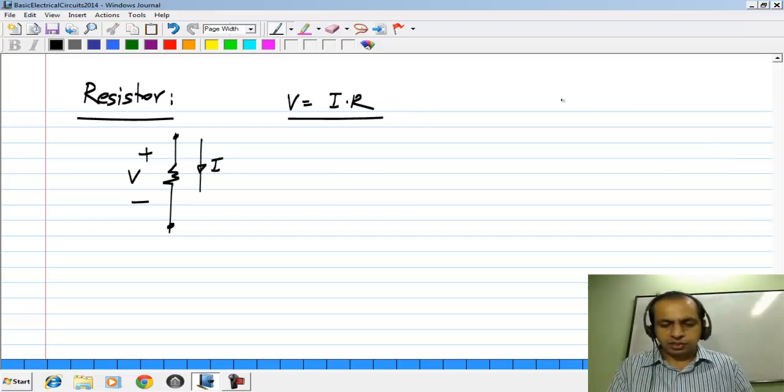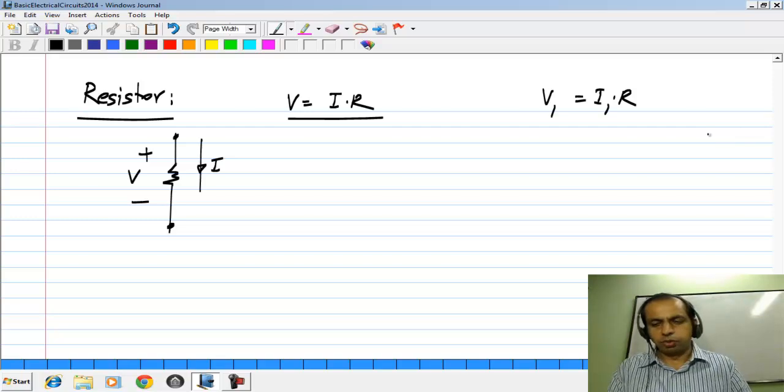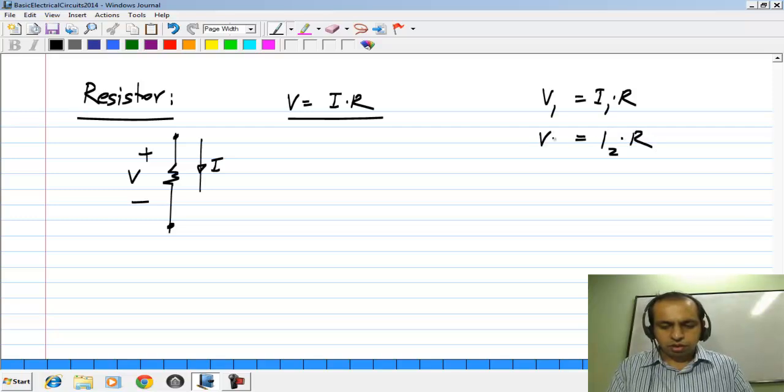So what it means is, let's say when the current was I1, the voltage was V1. Obviously, the resistor obeys Ohm's law and V1 equals I1 times R. And the current is I2, the voltage is V2 and V2 equals I2 times R.